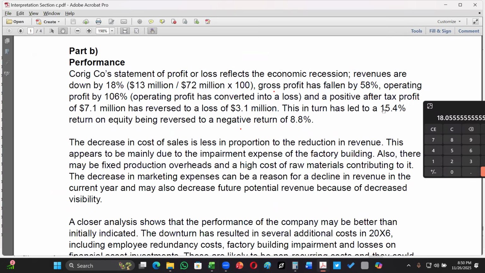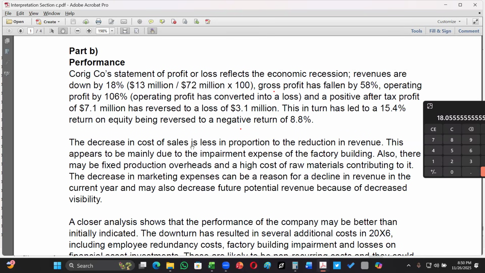This in turn has led to a fall in the return on equity. The return on equity was 15.4%, but now we have a negative return on equity that we calculated as 8.8%.